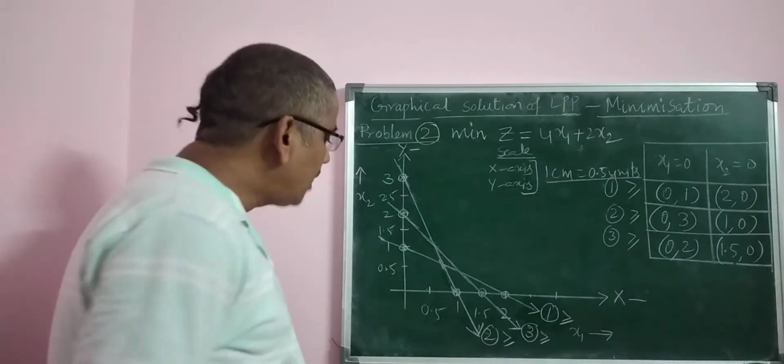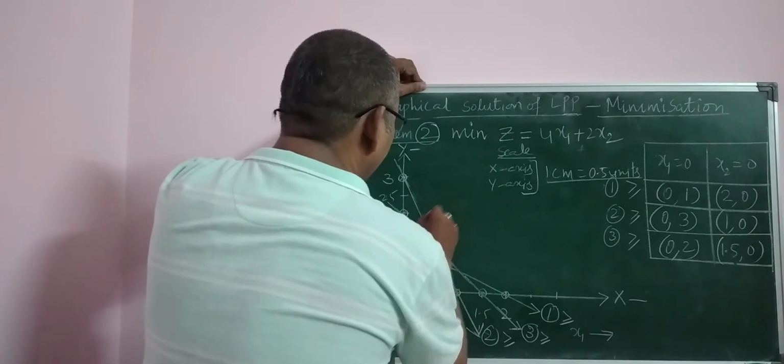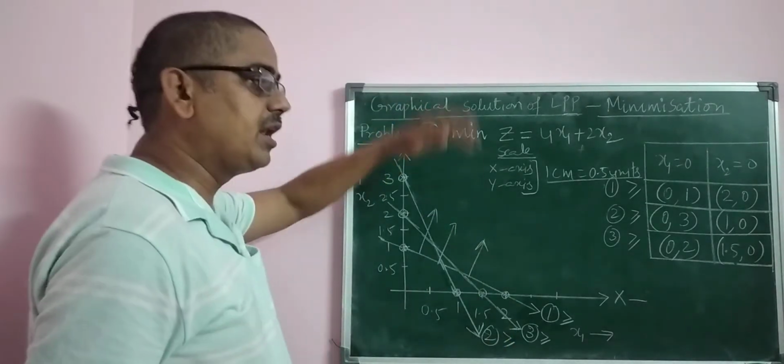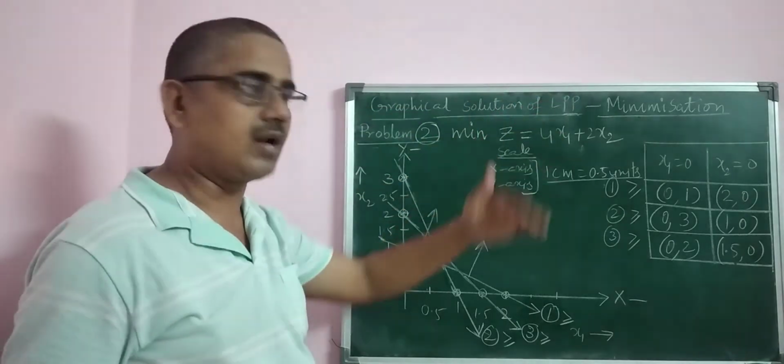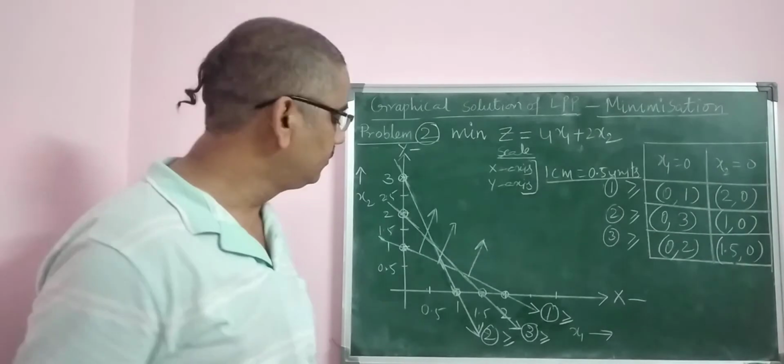Equation 1 is greater than or equal to, so shade the region above the line in the first quadrant.